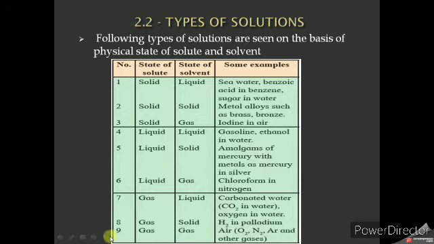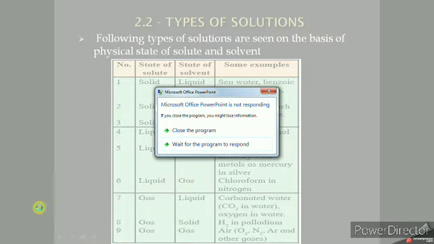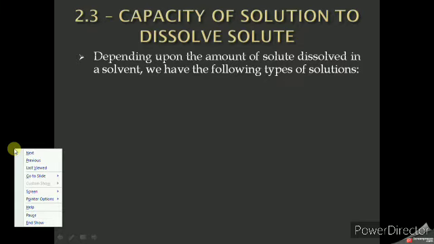Now next one is the capacity of solution to dissolve solute. Depending upon the amount of solute dissolved in a solvent, we have the following types of solutions.